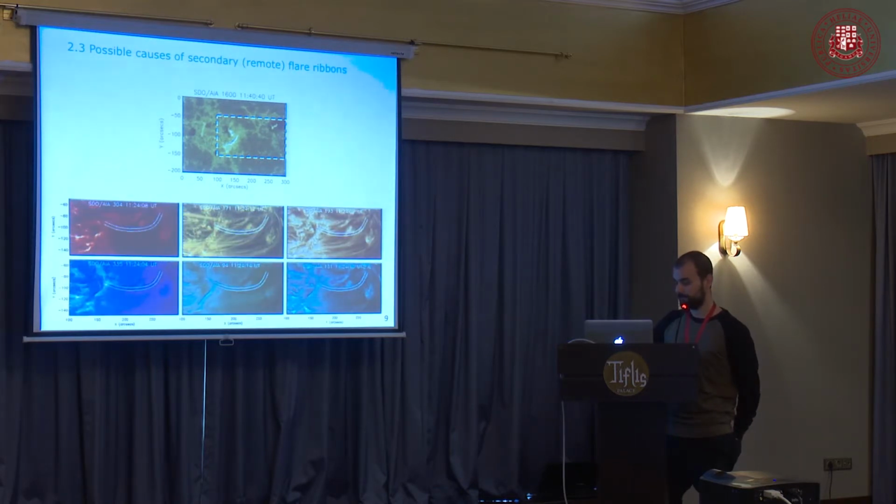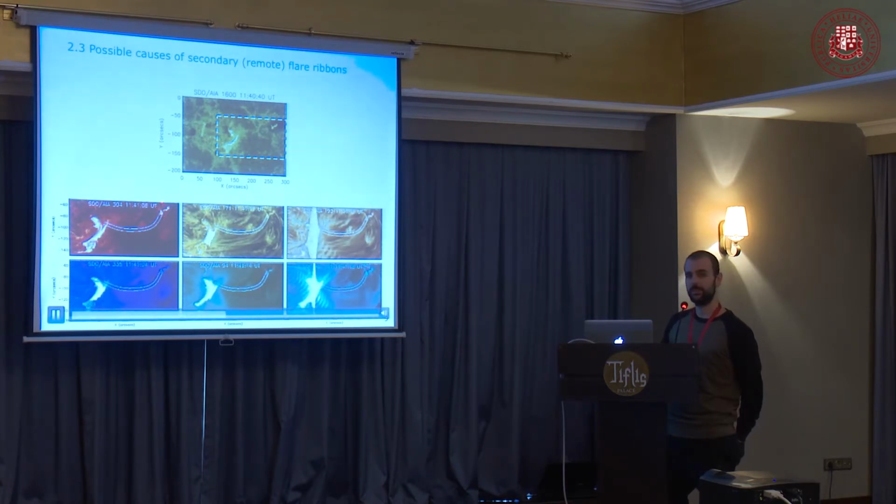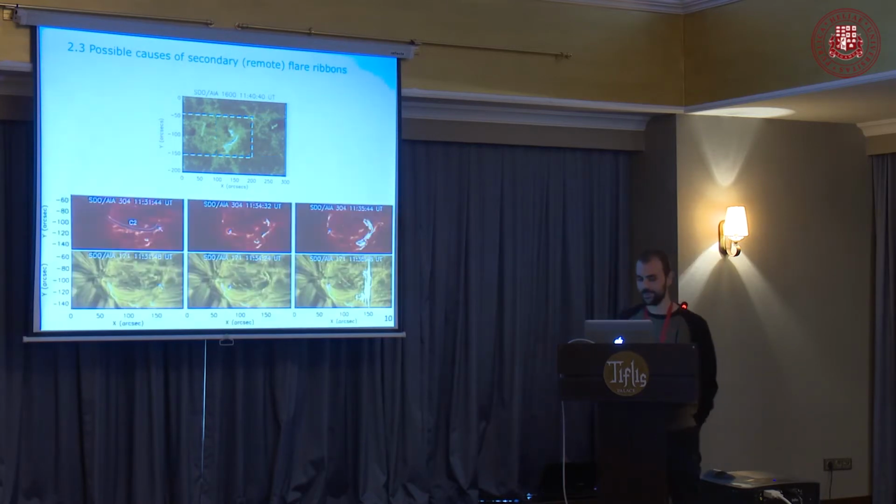Actually, I have a movie here, and if we see here, they're generated, and the secondary ribbon is formed at this location. Sorry, this is not a very good movie, but we see it very well in 304.